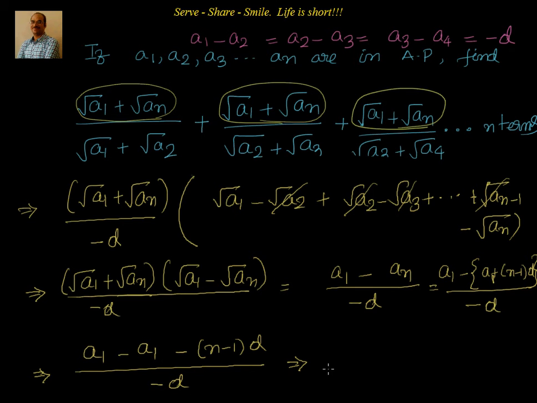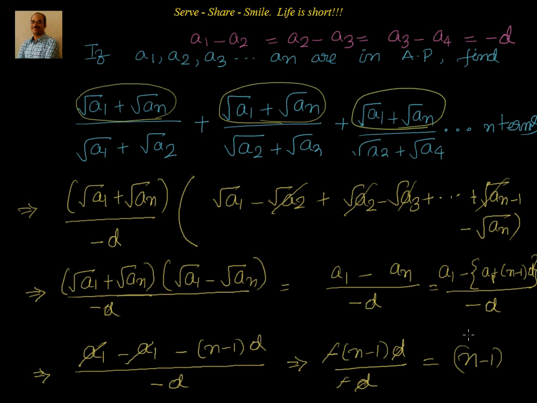So now we can cancel a1 and a1. We are left with minus of n minus 1 into d by minus d. Negative and negative will cancel, d and d will cancel. Answer is n minus 1.